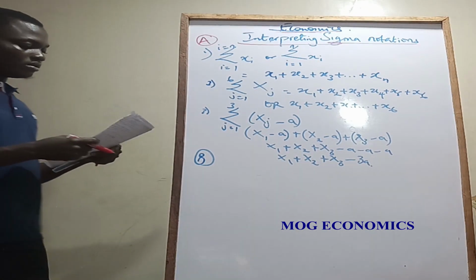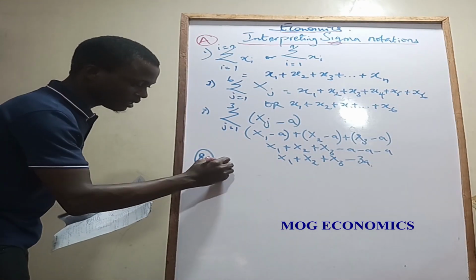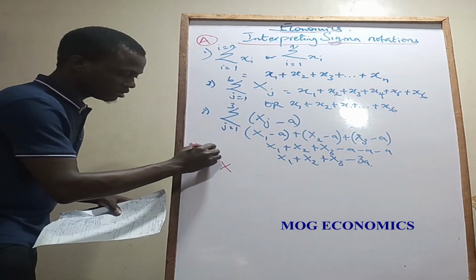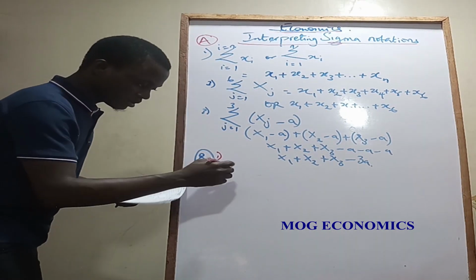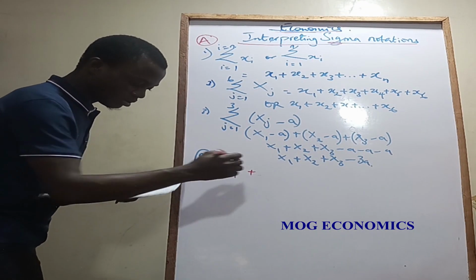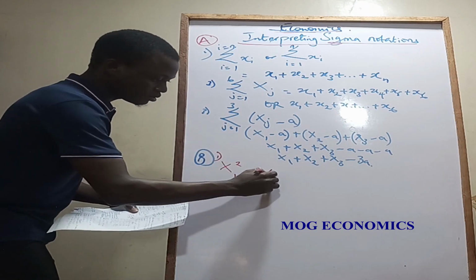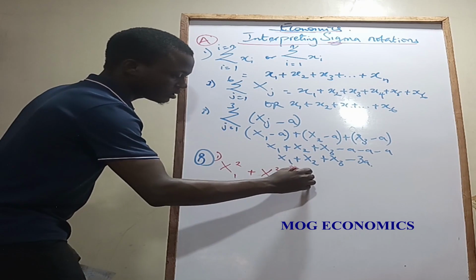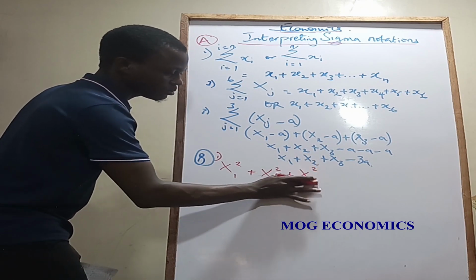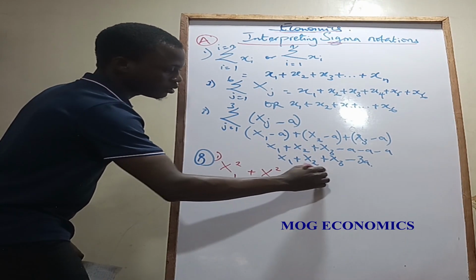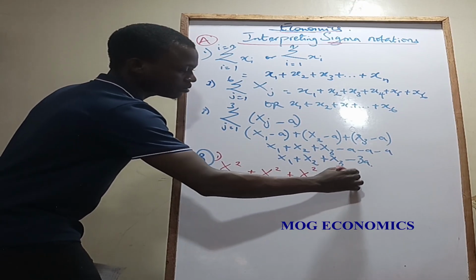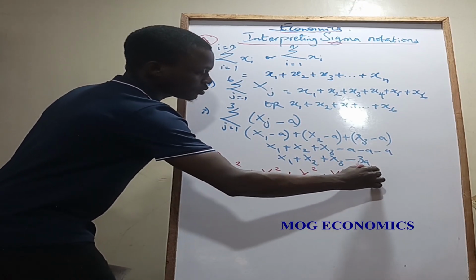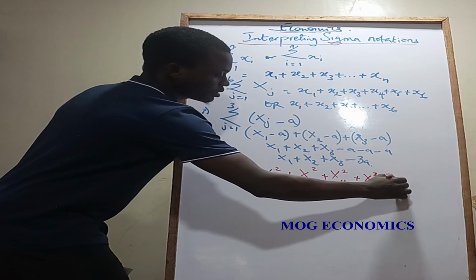In part B, number 1, we were given x1 squared plus x2 squared plus x3 squared plus x4 squared plus x5 squared plus x6 squared.